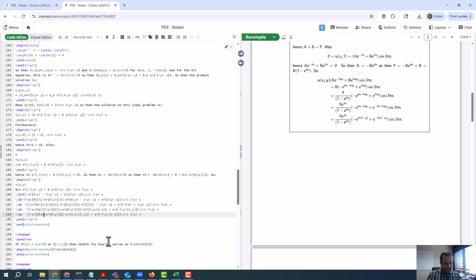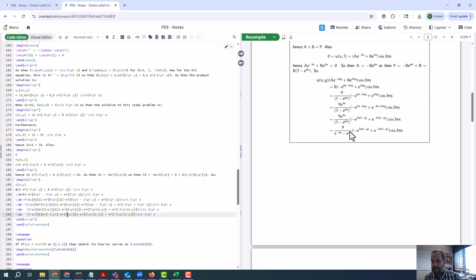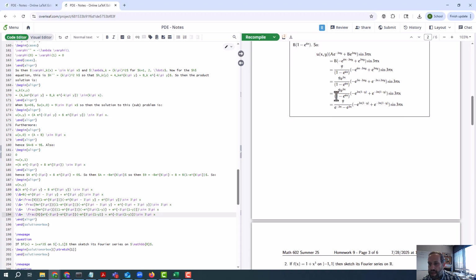I'm going to get e to the minus 3 pi here, and then this is going to be 3 pi. So let me run this and make sure it looks right. Okay, divide 1 by e to the 3 pi, e to the minus 3 pi. I get e to the 3 pi like this. That looks right.